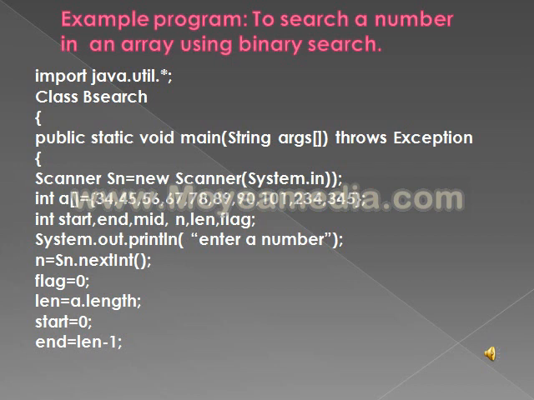The only thing is 3 more variables we will declare here, that is start, end and mid. And n is the number to be searched. So flag is initialized as 0 and len is nothing but the length of the array. And start is initialized as 0 and end value is the length of the array.